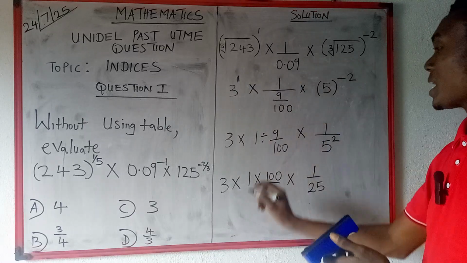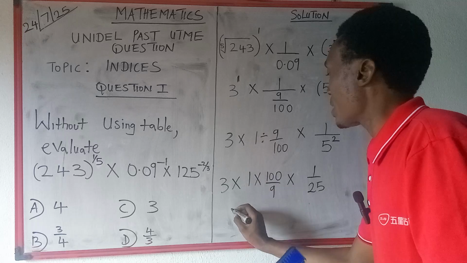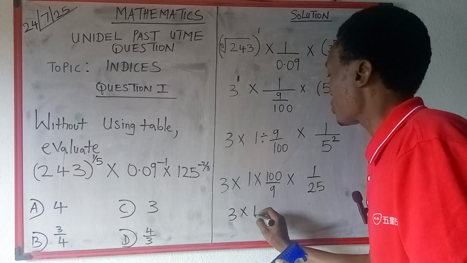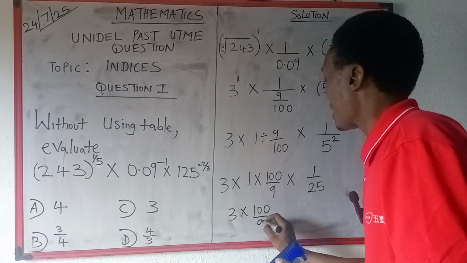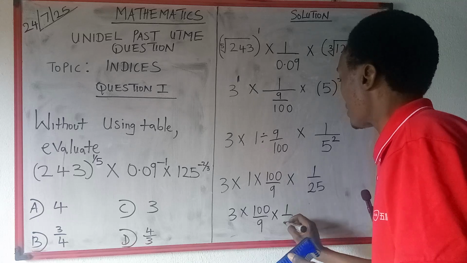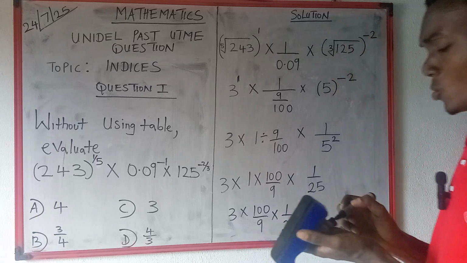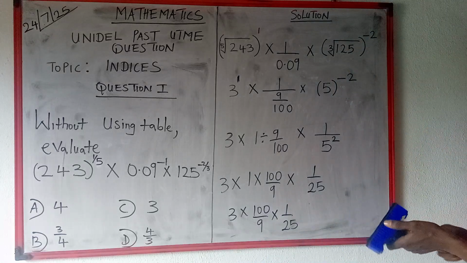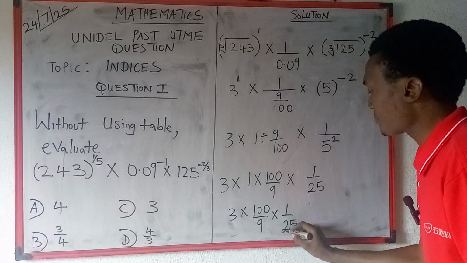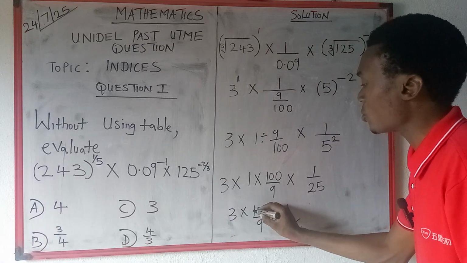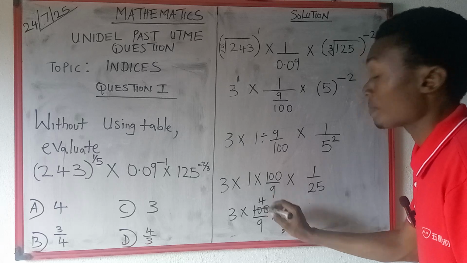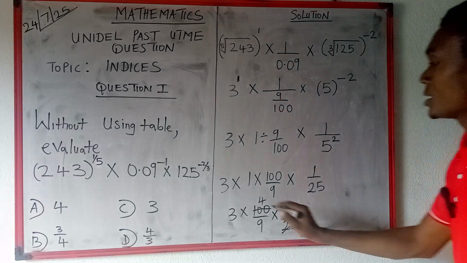Okay, so let's multiply. 3 times 1 is going to give us 3, times 100 over 9, times 1 over 25. To make our work easier, we can divide. 25 cancels 100 and is going to give us 4. Use your calculator to confirm.